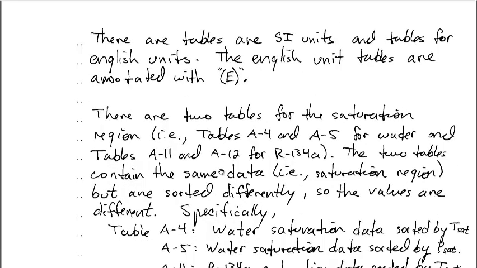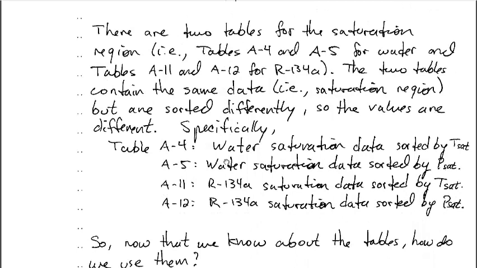Okay, so as we've already pointed out, there are actually two tables for the saturation region, right? We had tables A4 and A5 for water, and we had tables A11 and A12 for R134A. There's really just a very small difference between these two tables, between A4 and A5 and between A11 and A12. They basically contain the same data, that is, the saturation data for that substance, but the way that they're sorted is different.